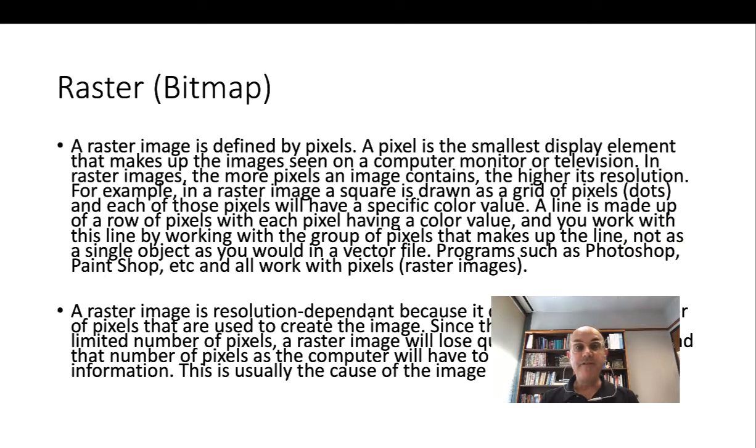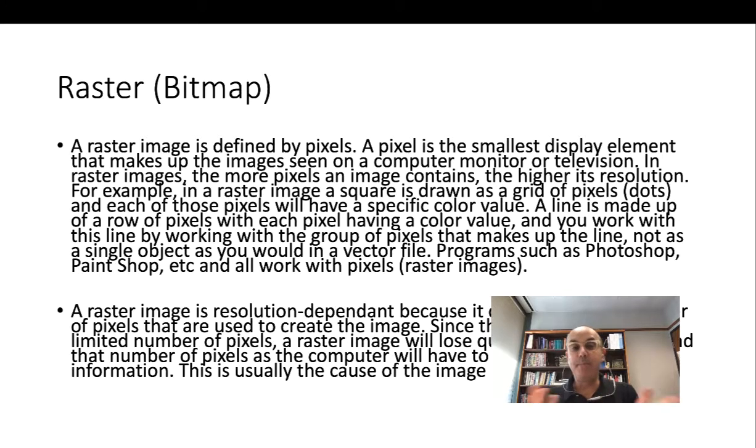And the idea of a raster is the bitmap, and usually it's based on a pixel, which is the smallest display element that can be seen in a monitor, computer monitor, or TV. So the raster image's resolution depends on the content of a fixed number of pixels. So if we break it down, we will see each pixel in order for us to understand that.